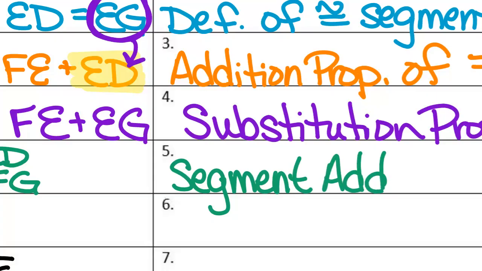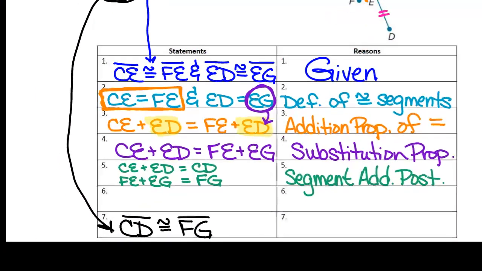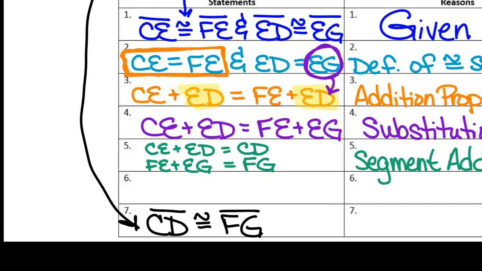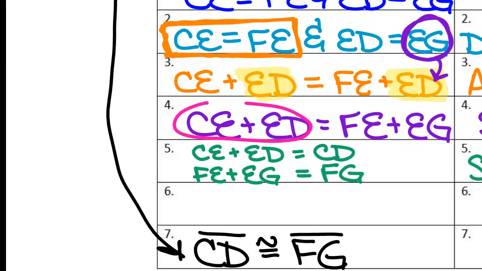Segment addition postulate. Nicely done. We're almost there. We got one more statement to make. All right. So instead of having CE plus ED here in step 4, what do I know that's the same size as that?